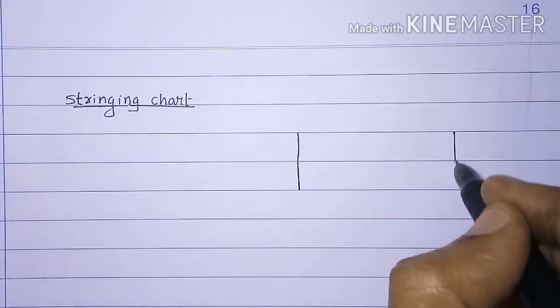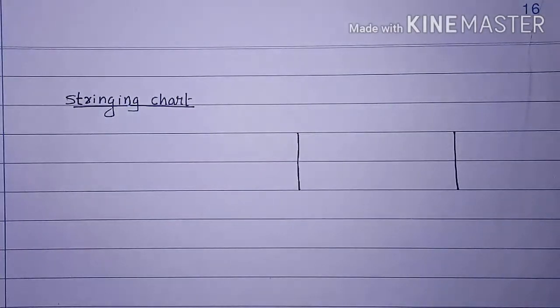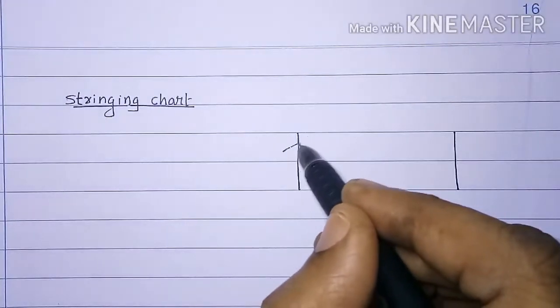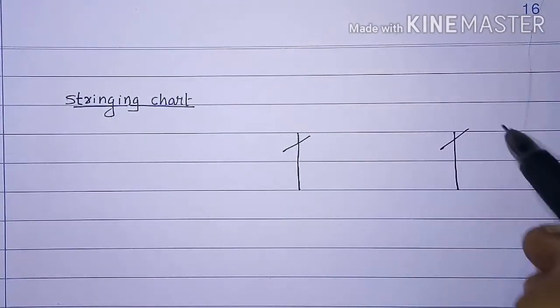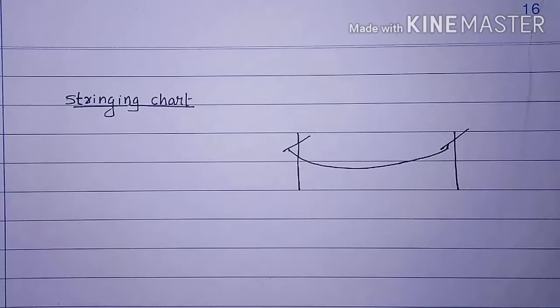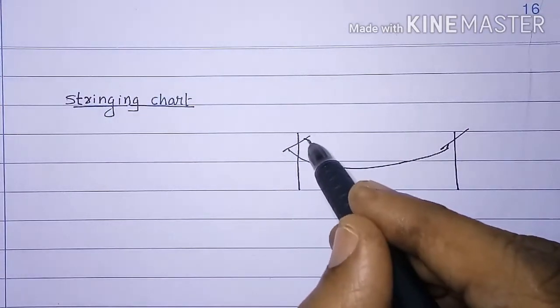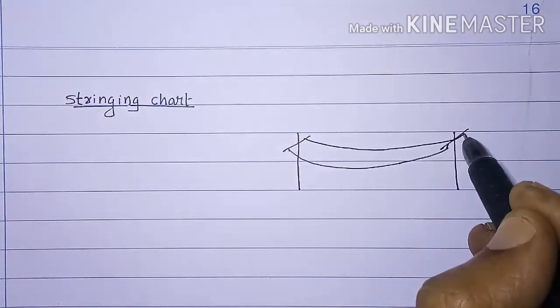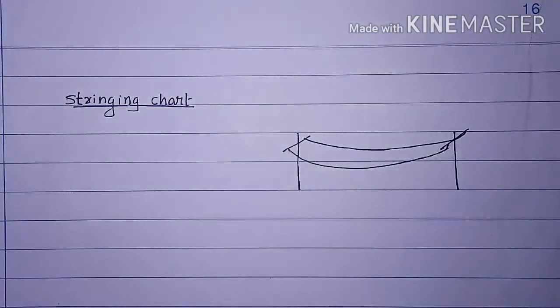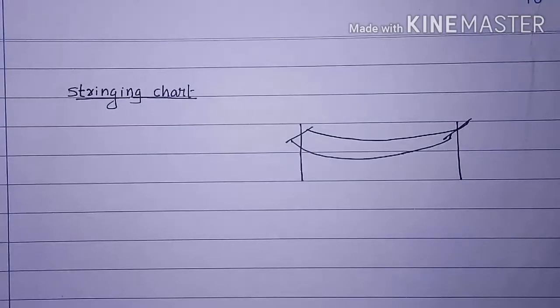Say for example, these are the two supports and these are cross arms. To string the conductor between the supports, the stringing chart is used. That is why the name is given as stringing chart.